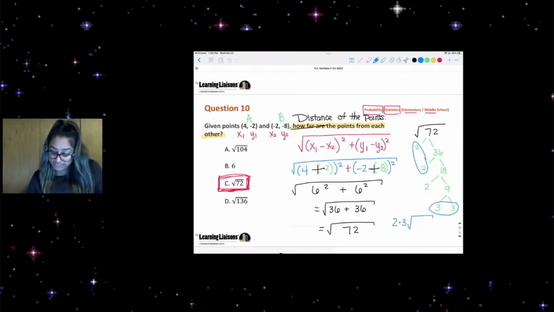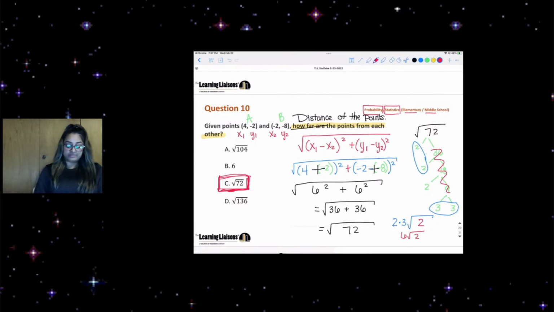So we're not looking at any of the numbers that we made smaller. We're only looking at the numbers that are as small as possible. The only guy we have left is, it's not a 2, it's a 3. Well, the best way you can write this out is 2 times 3 is 6, square root of 2. That is another way of saying square root of 72.